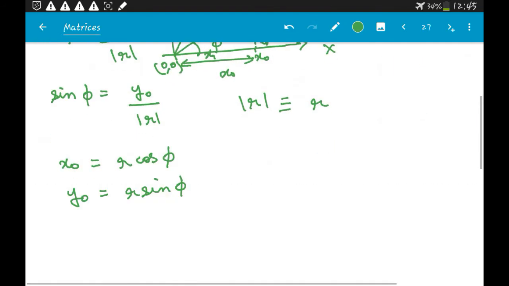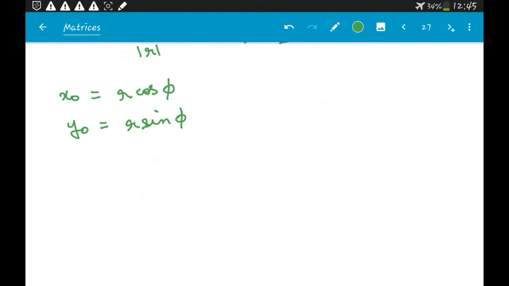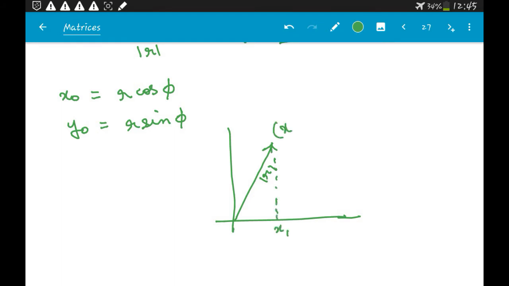But what is the angle that this makes with the x-axis? Let's write the new vector again. The new vector was somewhere here. It has the length r, and this position was x1, y1, and this was y1.